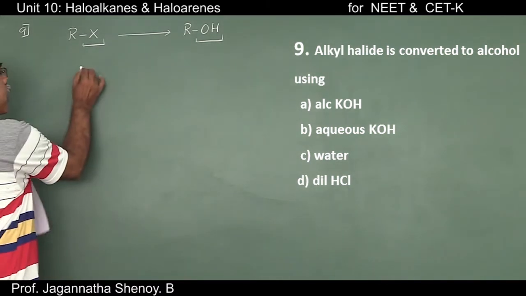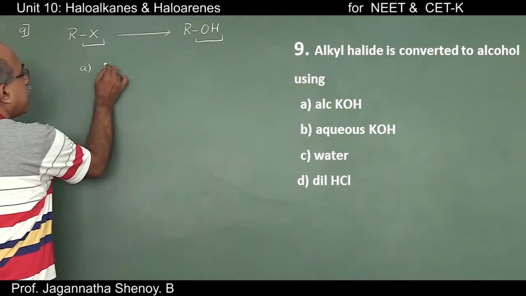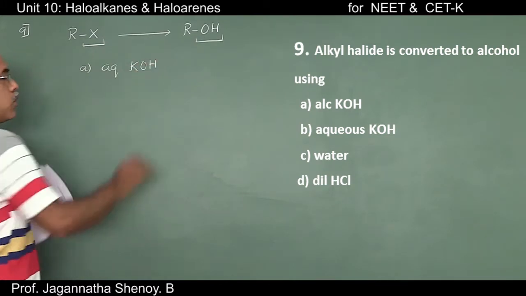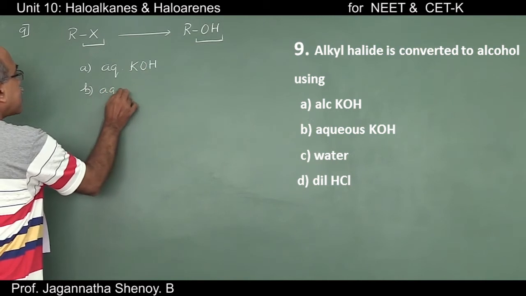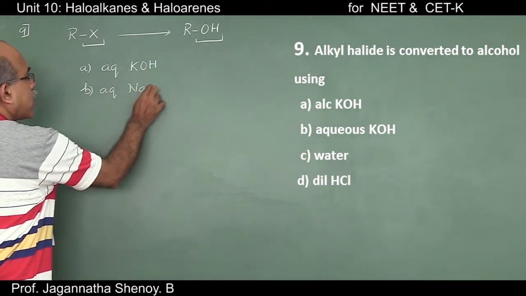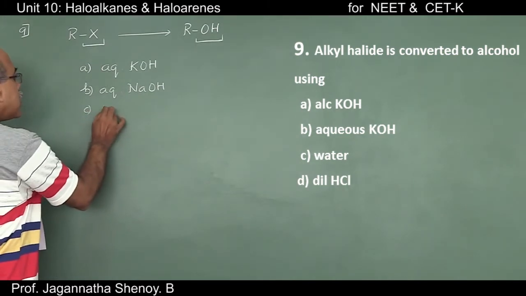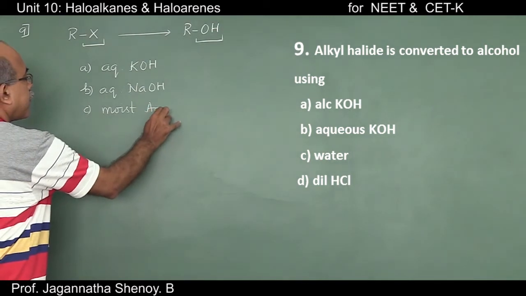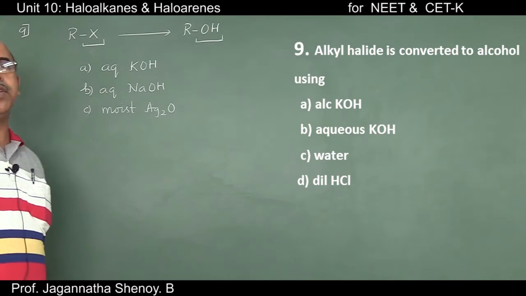I think you might have already come across various reagents that can be used. Let us say aqueous potassium hydroxide can be used. We can also use aqueous sodium hydroxide. I can use moist silver oxide. Right? So these are the three reagents which can be used.